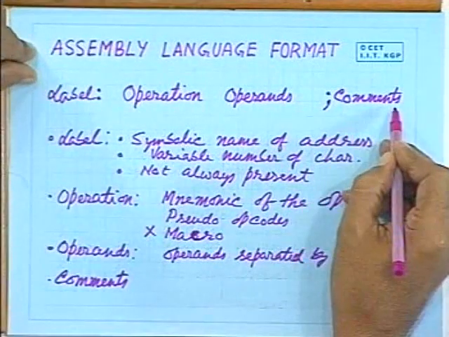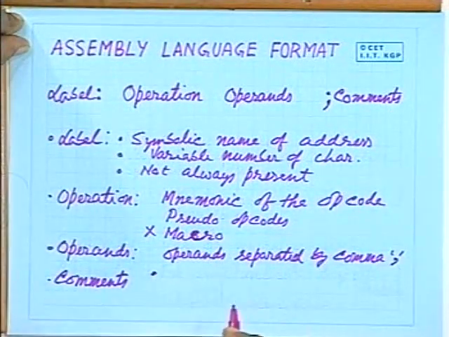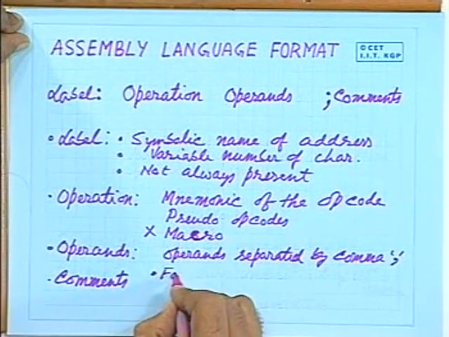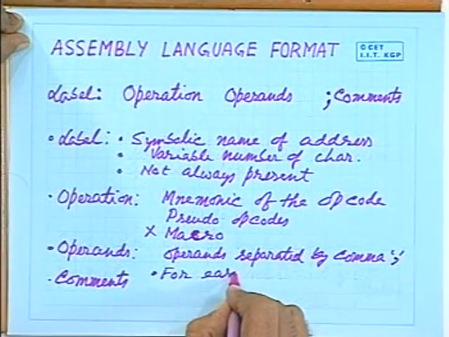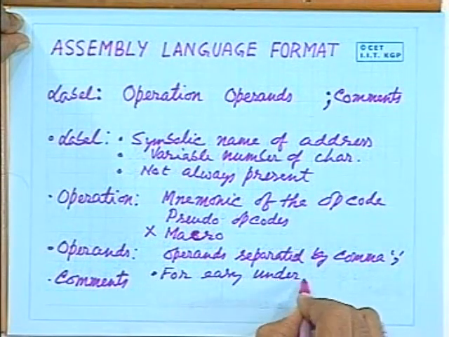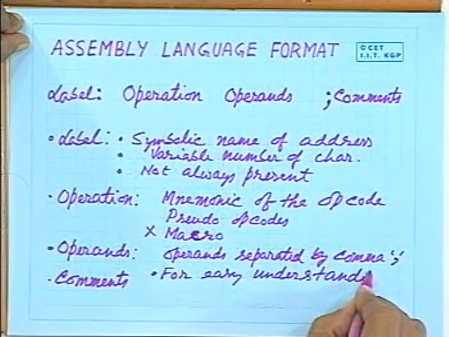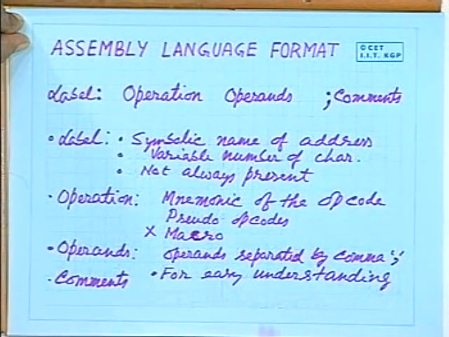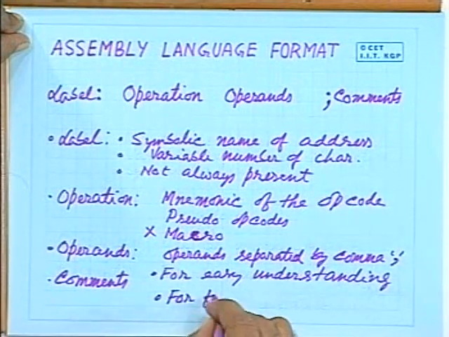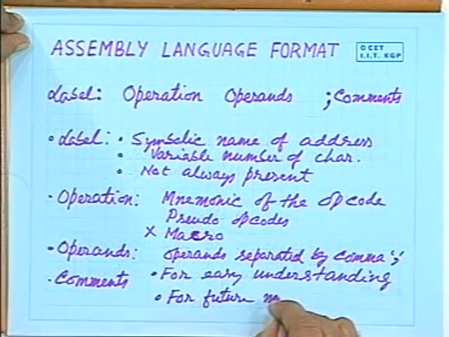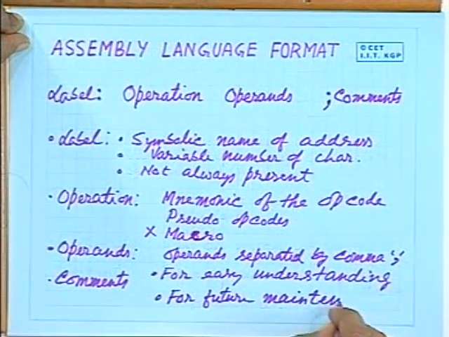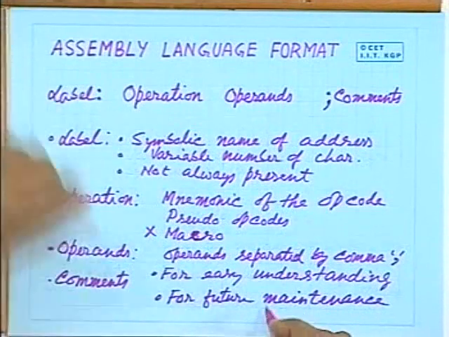As I was telling, an assembly language program has a built-in feature for self-documentation, and so with the help of this comments field, you can make it self-documenting, and particularly for easy understanding of the program, and as I said, for future maintenance and for self documentation.